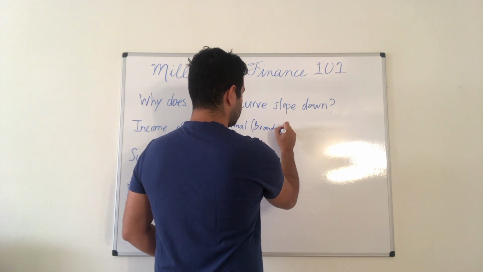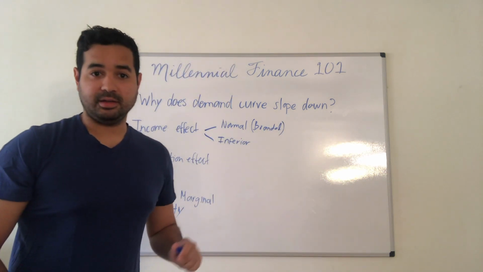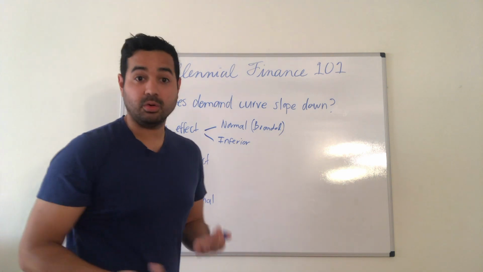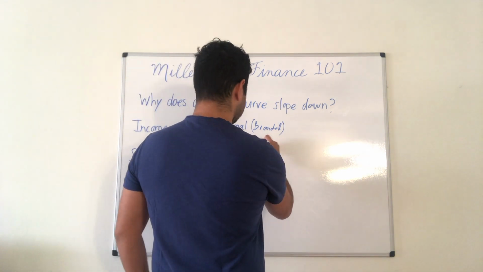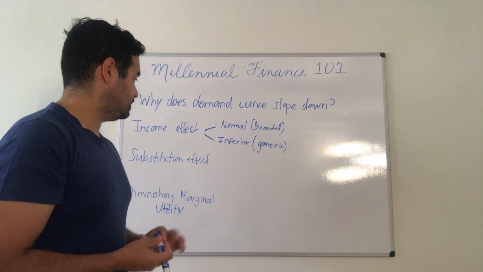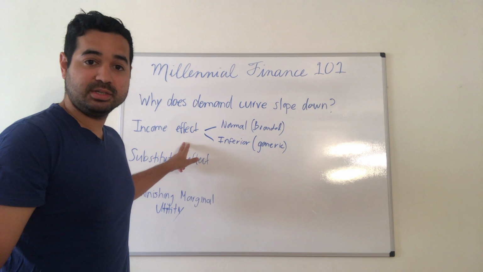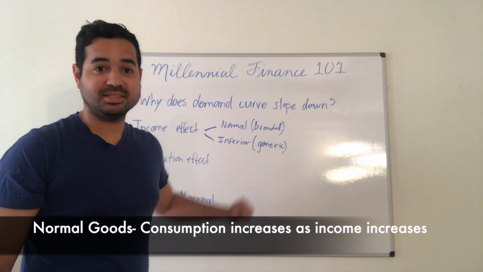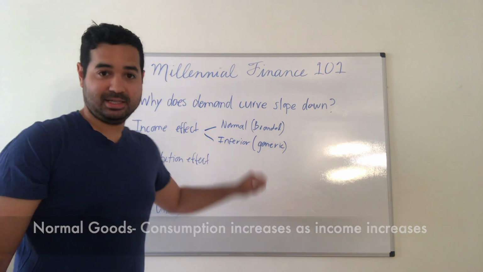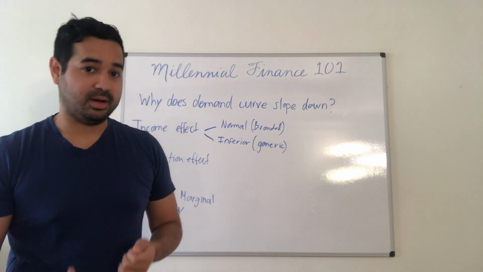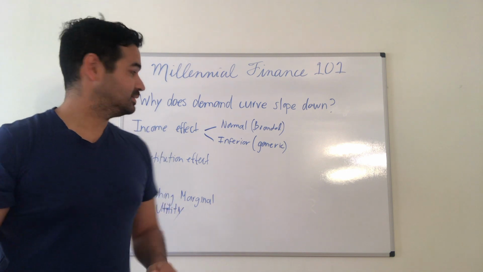If we are thinking of an inferior good, the easiest way to remember it is an unbranded good or a generic good. If you have an increase in income, you are going to buy more normal goods and you're going to buy less inferior goods. You'll start splurging on more quality instead of quantity.